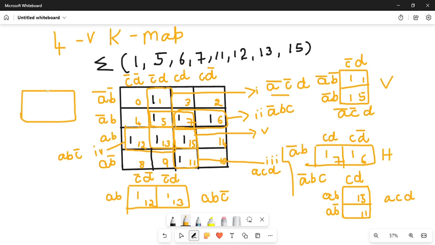Now the fifth one is a group of 4, which is 5, 7, 13 and 15.